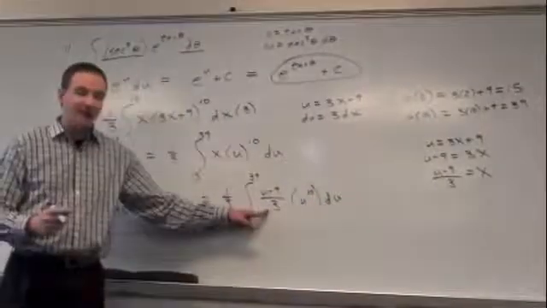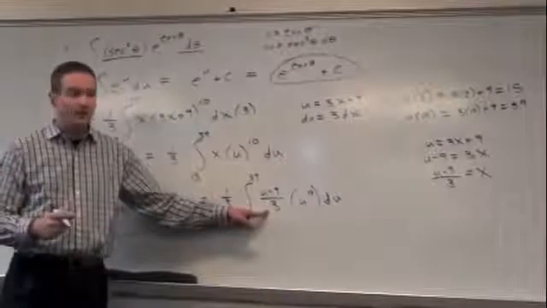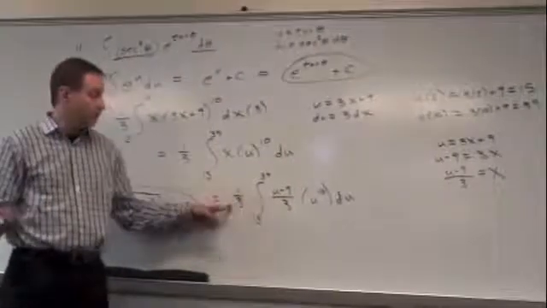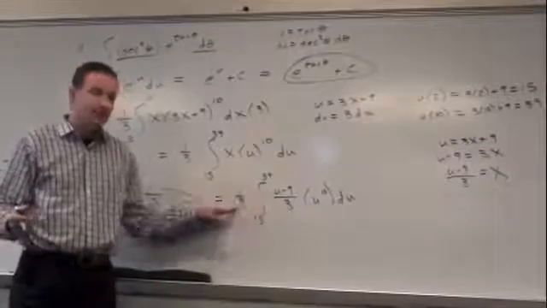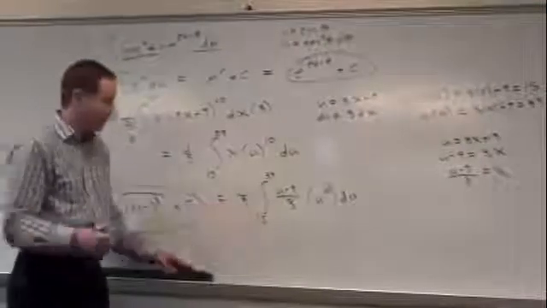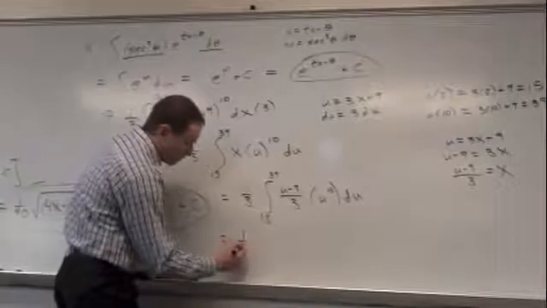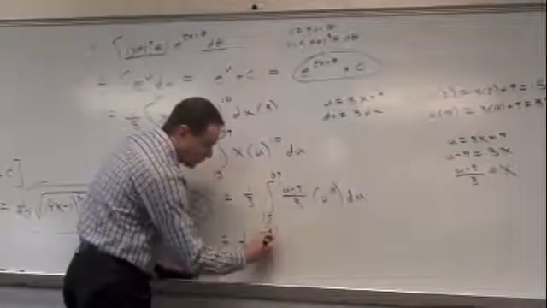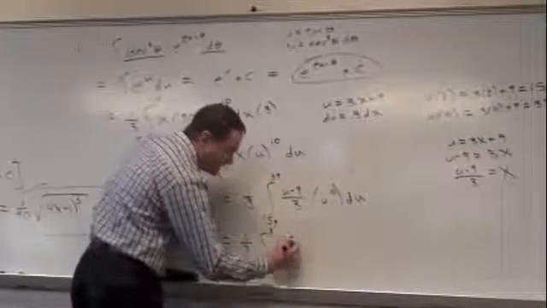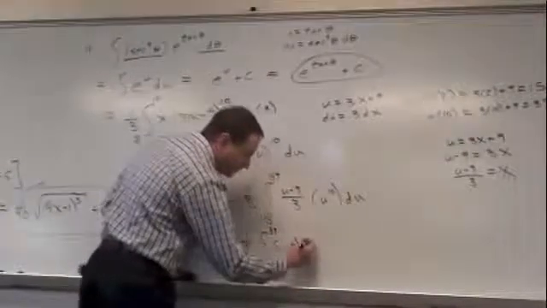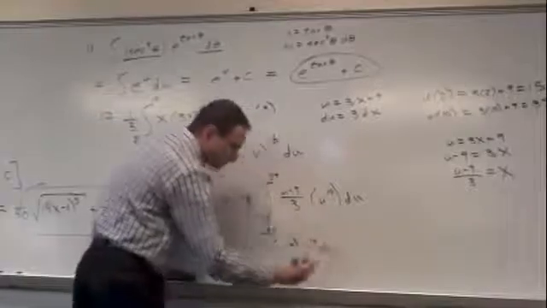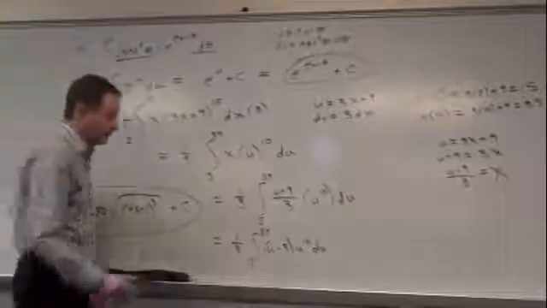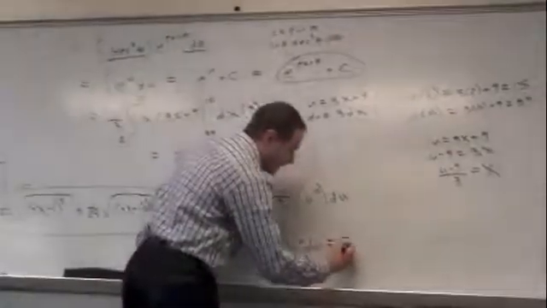So if I have a factor that has a 3 in the denominator, that's a constant. Just factor that 3 out as a 1/3 in front. It's going to become a 1/9 in front. And then I have u minus 9 times u to the 10th du.